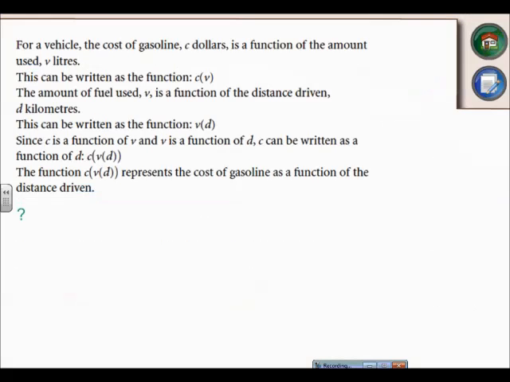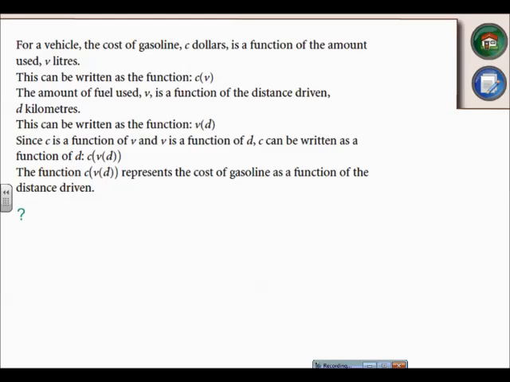All right, here's another example of where we would use compositions. For a vehicle, the cost of gasoline, C dollars, is a function of the amount used, V liters. This can be written as a function, C of V. The amount of fuel used, V, is a function of the distance that you've driven in kilometers.